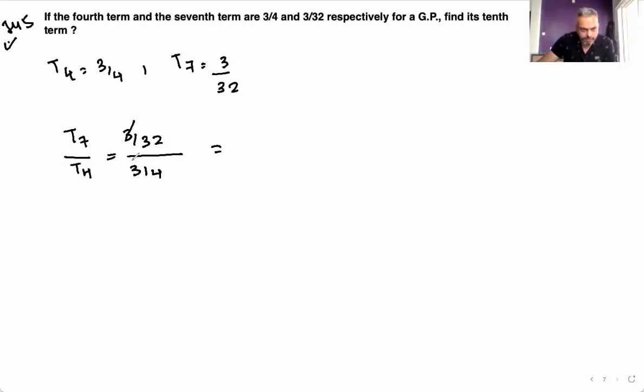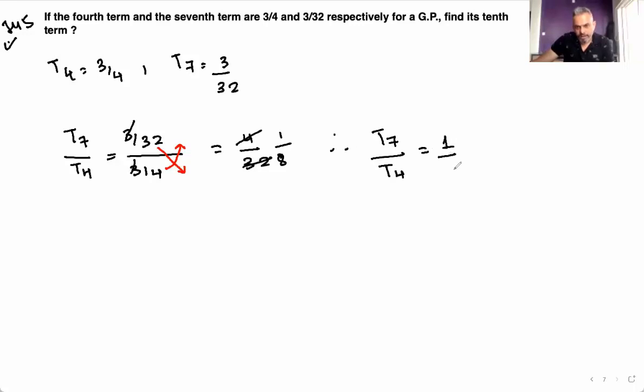So this 3 will get cancelled. 4 will come in the numerator and 32 will come in the denominator. So it will become 4 by 32, which is 1 by 8. So therefore T7 by T4 is equal to 1 by 8.